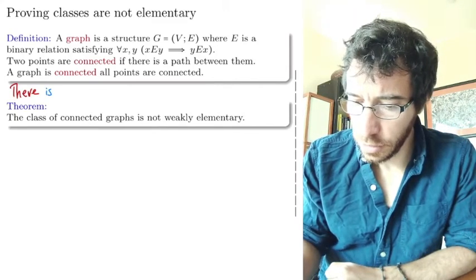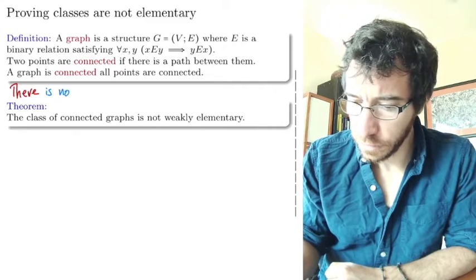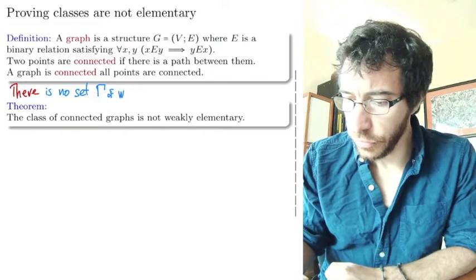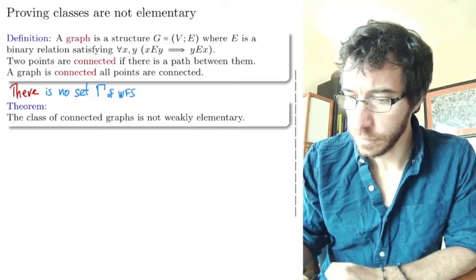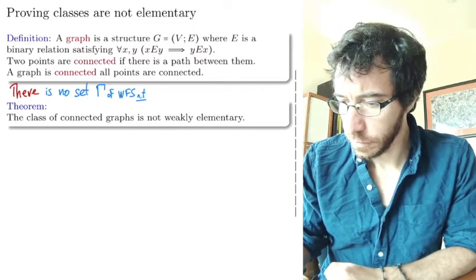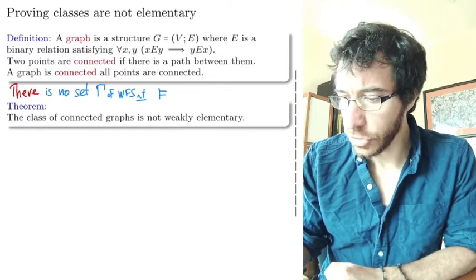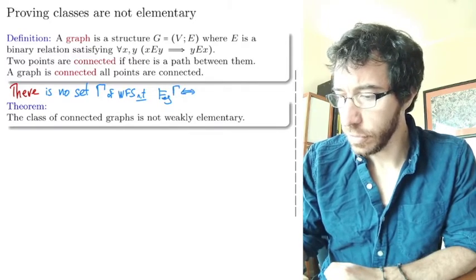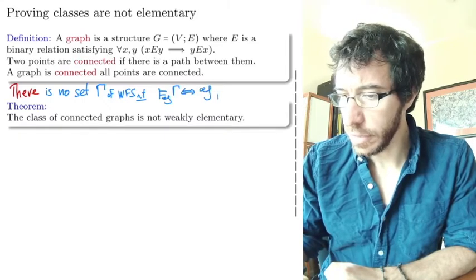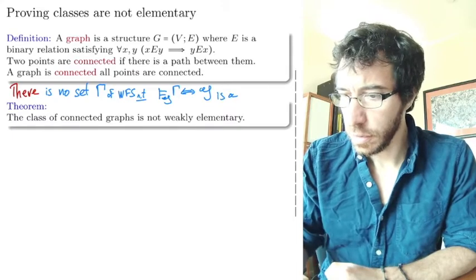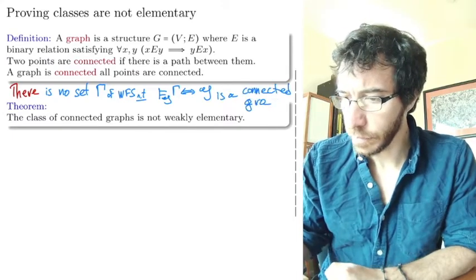There is no set gamma of well-formed sentences such that a structure G models gamma if and only if G is a connected graph.